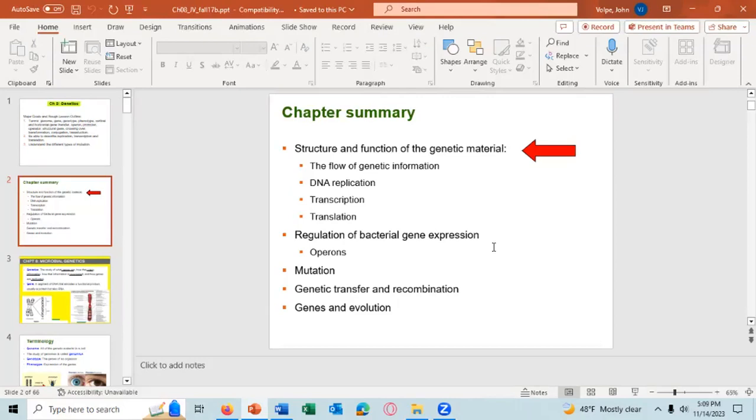We'll talk about how that happens with an operon. We'll then move into mutations and talk about how you can have genetic transfer and recombination. And then lastly, we'll end talking about genes and evolution. Any question about what we're covering?